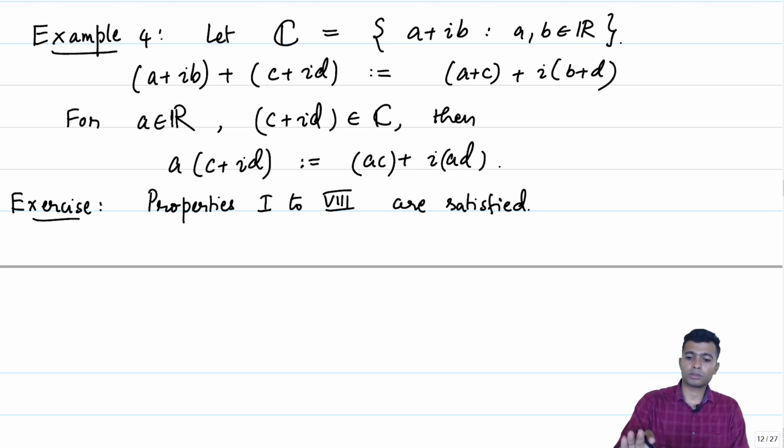So, even though it is possible to describe the multiplication of two complex numbers, for the purpose of studying the set of complex numbers as a vector space, we will restrict our attention only to the scalar multiple of a complex number by a scalar.